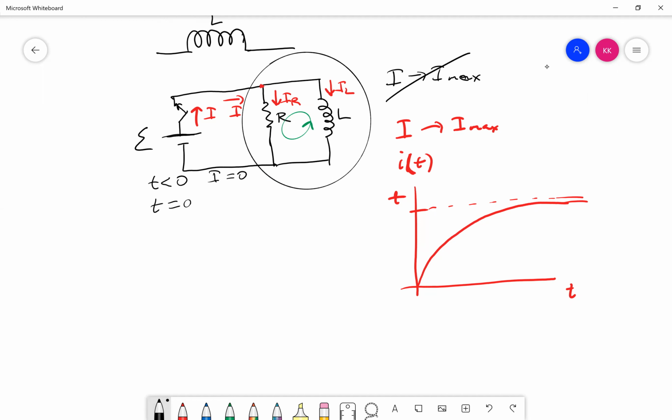Remember, the Kirchhoff's loop rule tells me that the potential difference across a resistor plus the potential difference across the inductor, if you add them together, you get 0. It's conservation of energy, basically.